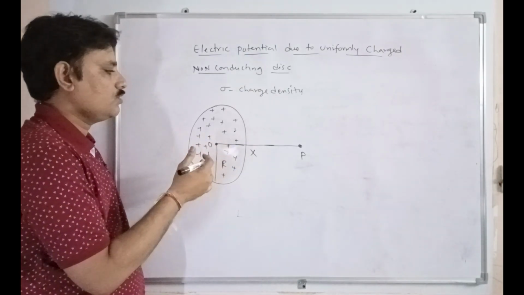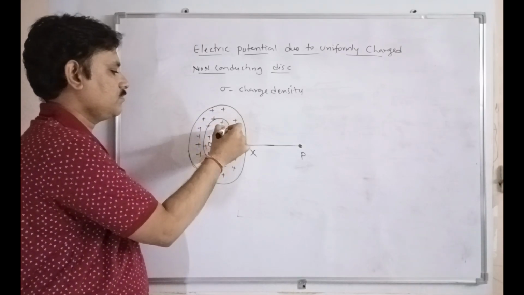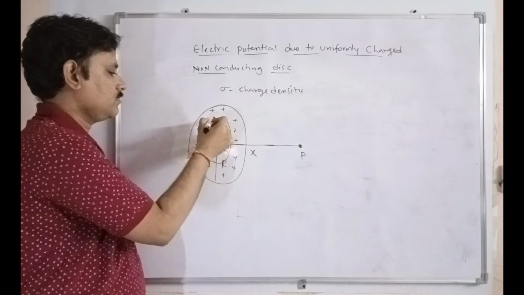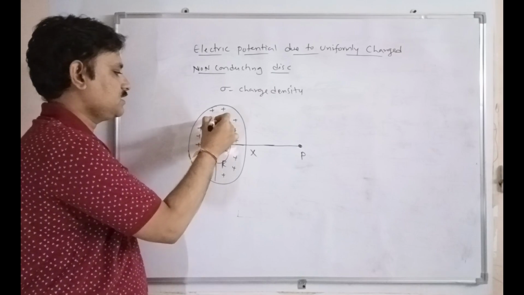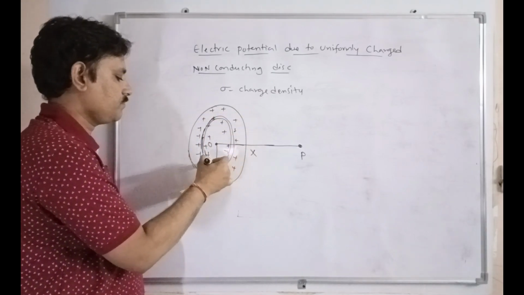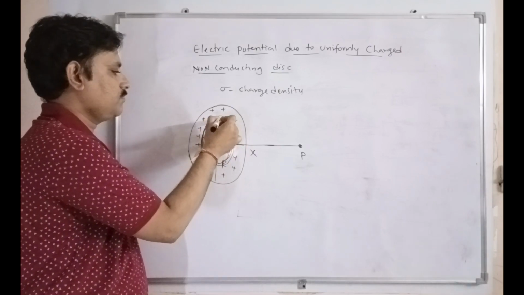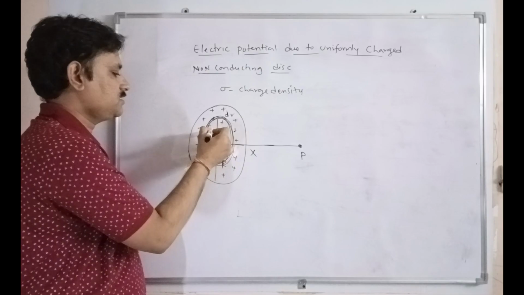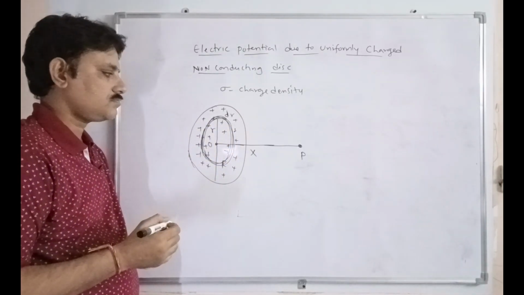Before going to do that, let us take a small portion having thickness dr. This is a small portion having thickness dr and which is at a distance small r from point O.